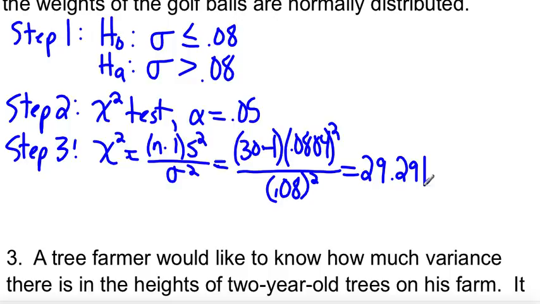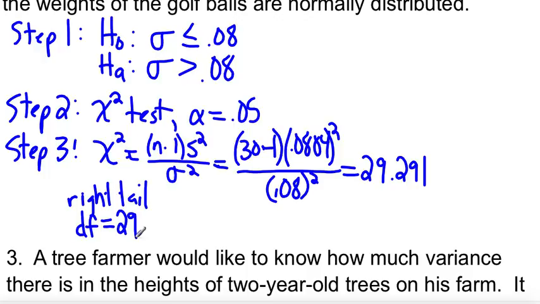So now we need to find the critical values. Our alternative hypothesis is greater than, so this is going to be a right-tailed test. And our degrees of freedom is 29, which I believe is on the table. I think it does go up that high.